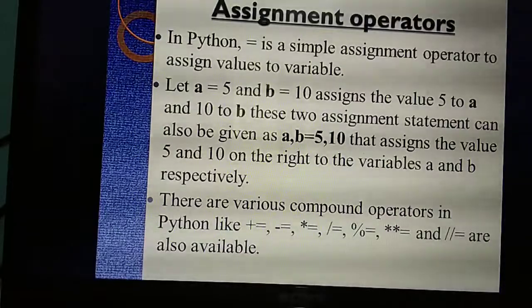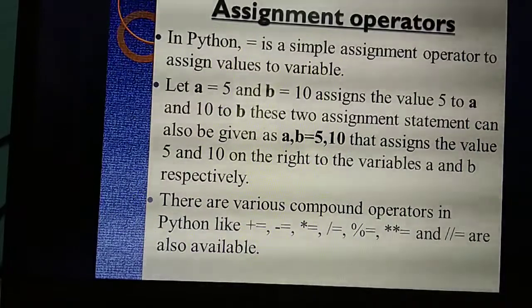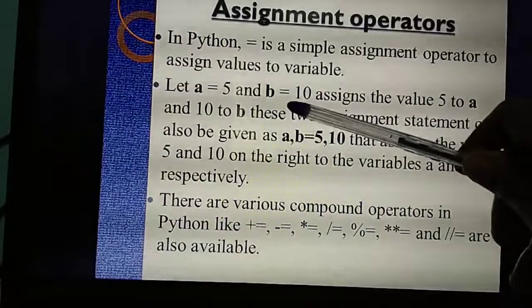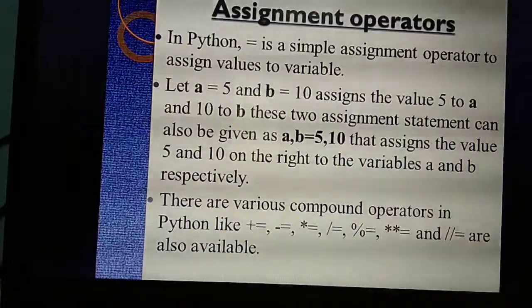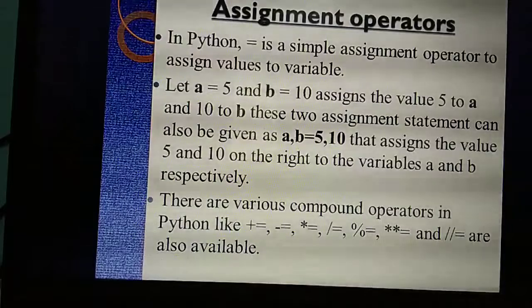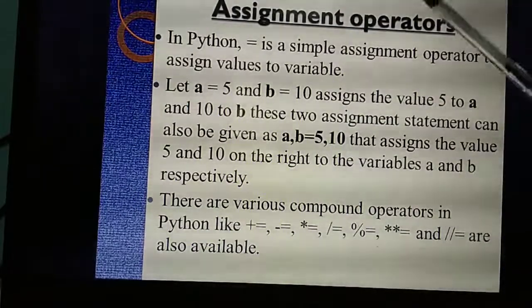Understand? So what's the symbol used for the assignment operator? Equal to. What are the two examples they have given? a equal to 5, b equal to 10, this is also correct. And a comma b equal to 5 comma 10. Both represent the same meaning. Among the assignment operators, what's the common operator? Equal to.